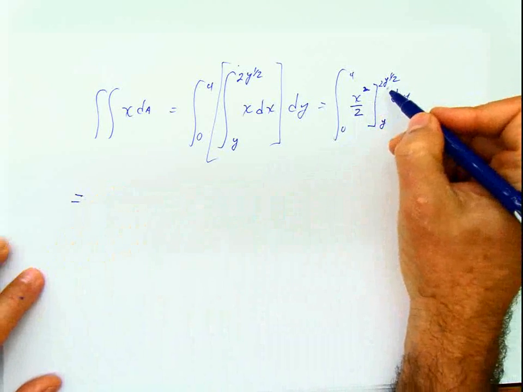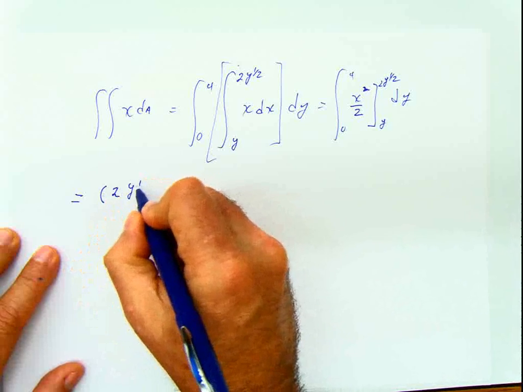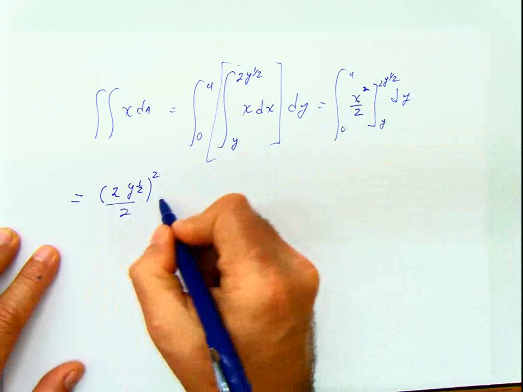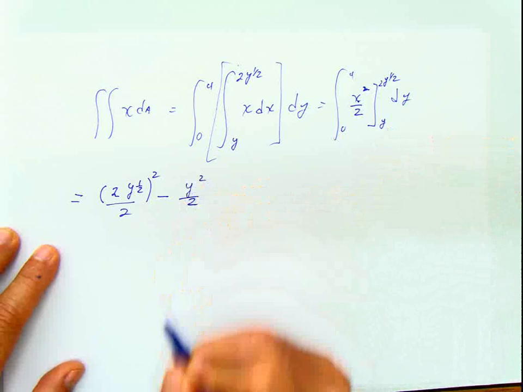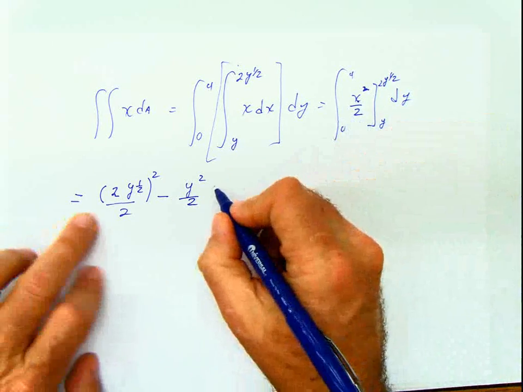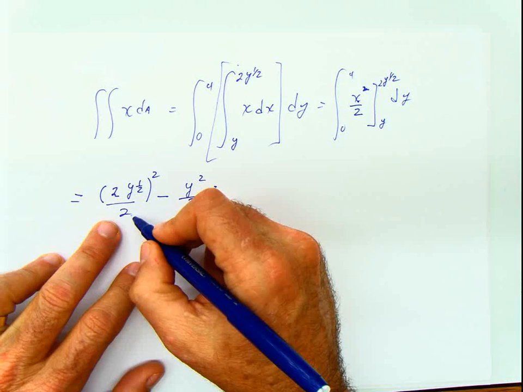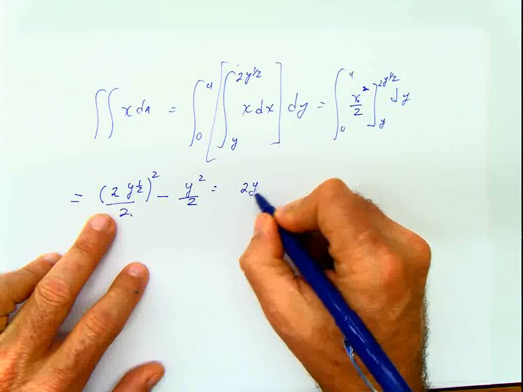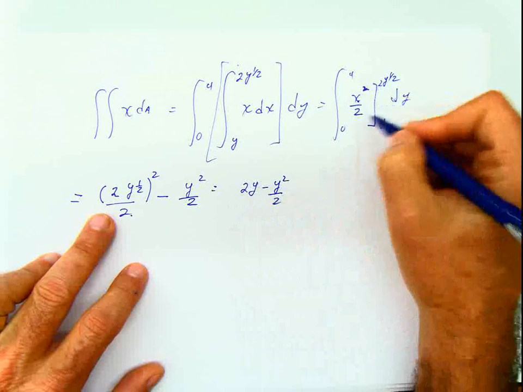Evaluating this, it is going to be 2y to the 1/2 squared, because I'm substituting it here, divided by 2, minus, now with this limit, y squared divided by 2. Squared, 4y divided by 2 is 2y, minus y squared divided by 2. This is the evaluation of this part.